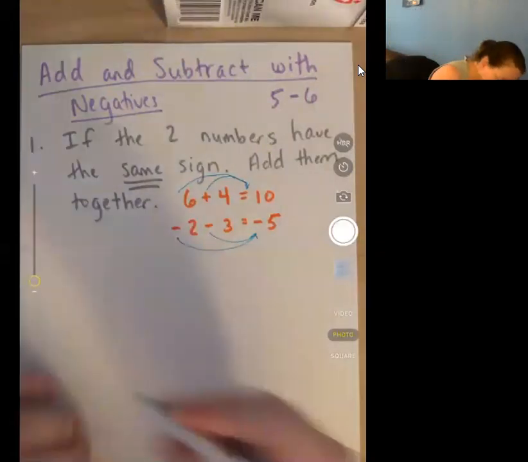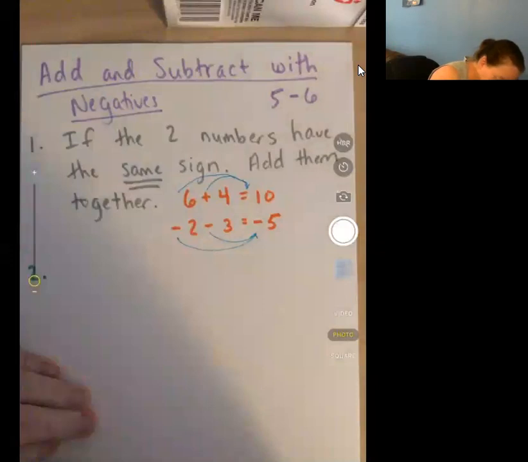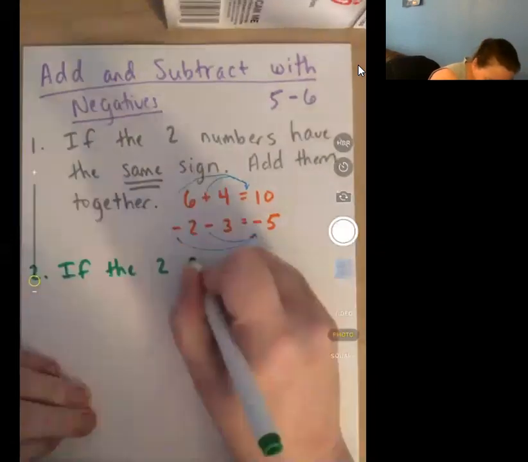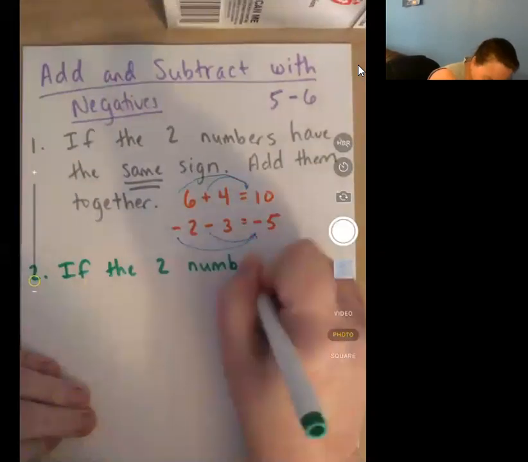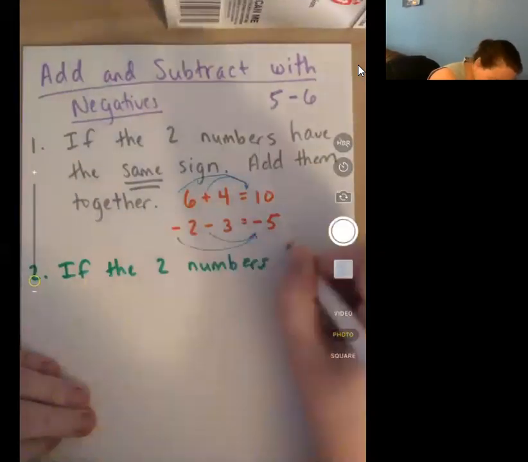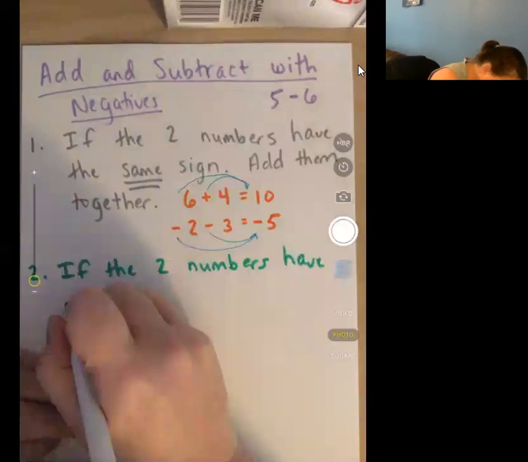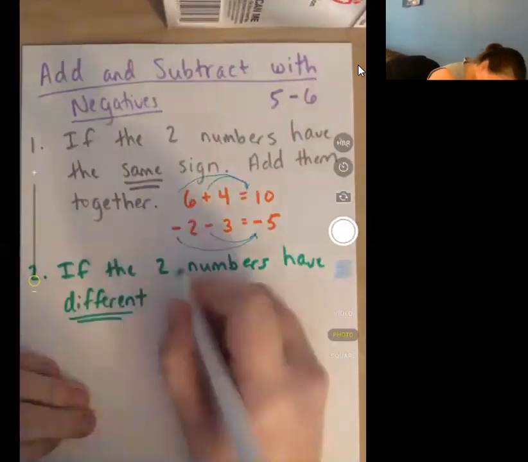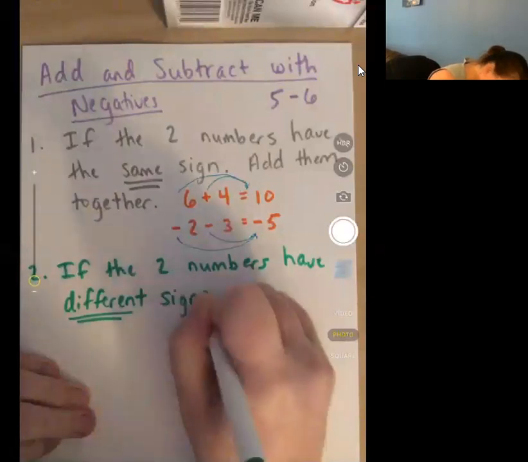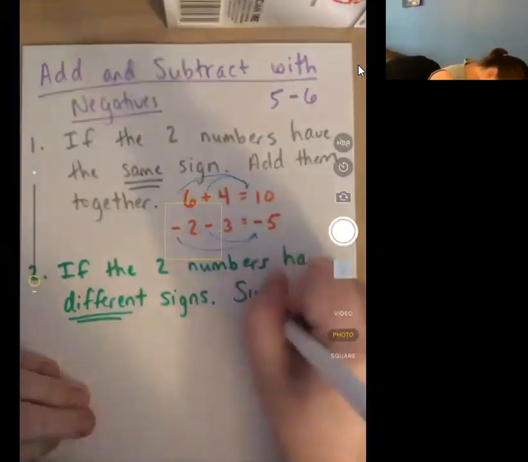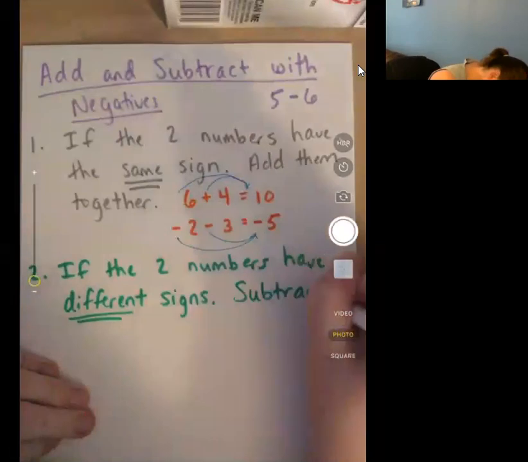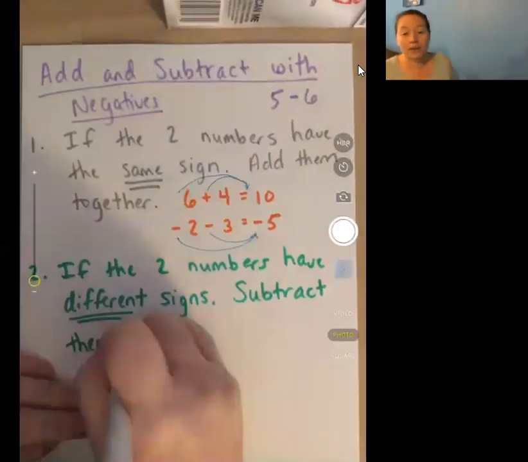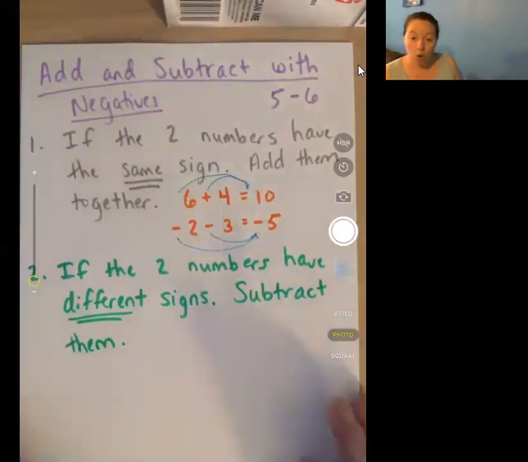Number 2, if the two numbers have different signs, subtract them. Always. You always subtract them.